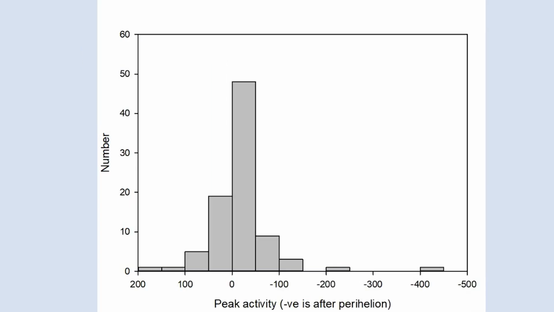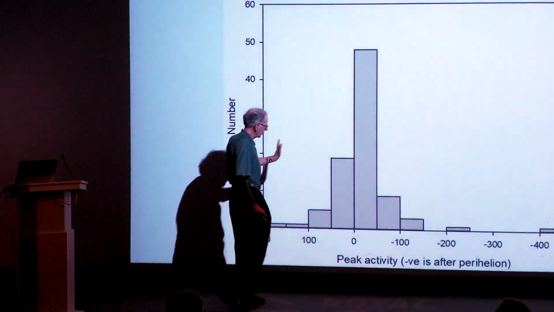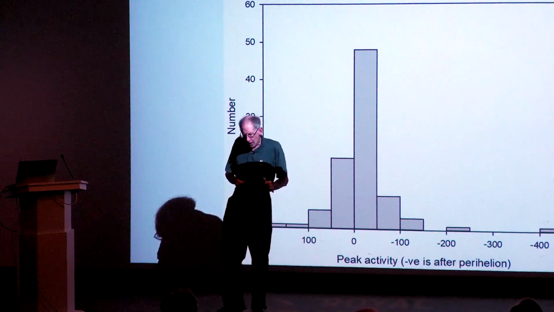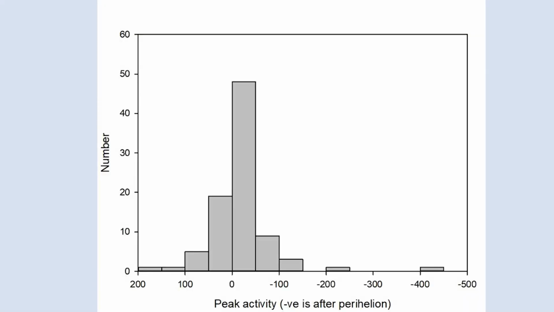When it comes to peak activity, so this is using the linear type of light curve, there's a definite bias towards being brightest after perihelion. That in some ways is understandable, because on the Earth, temperatures are usually warmest not at noon, but perhaps an hour after noon.